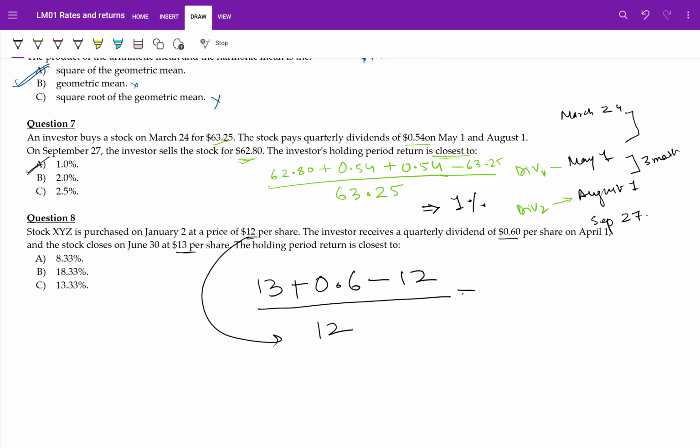So 13 minus 12 plus 0.6 is 1.6, divided by 12. This is going to give us a return of 13.33%.